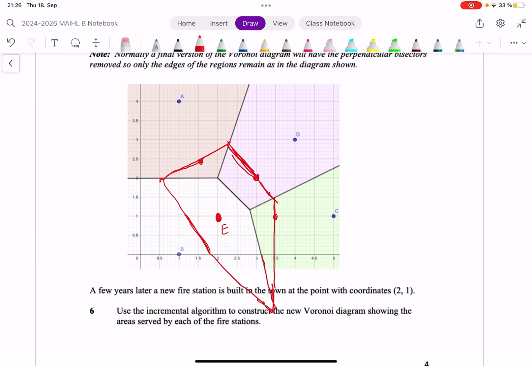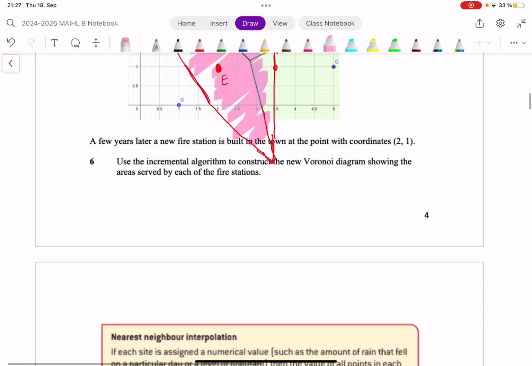And so then I would realize, okay, well, everything now inside of this kind of shape in the middle belongs to E, and I've removed the other parts that maybe belonged before to D. So now this new area kind of in the middle, it belongs to E, and it's shrunk the areas of all the other ones, taken a piece of all of those.